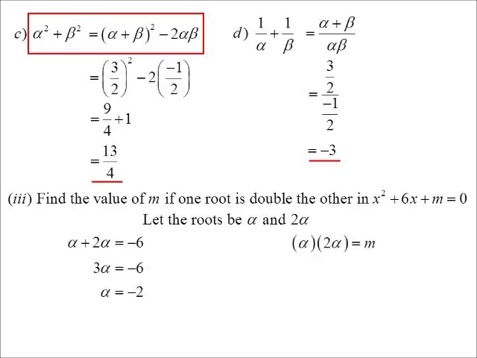And the product of the roots will become alpha times 2 alpha, and that's going to equal c on a, which in this case is m. Using the first equation, I can find that alpha is minus 2. Then I can substitute it into the second one and work out the m, which is what they want me to find. m equals 2 alpha squared. Eventually, there we go, m is 8.